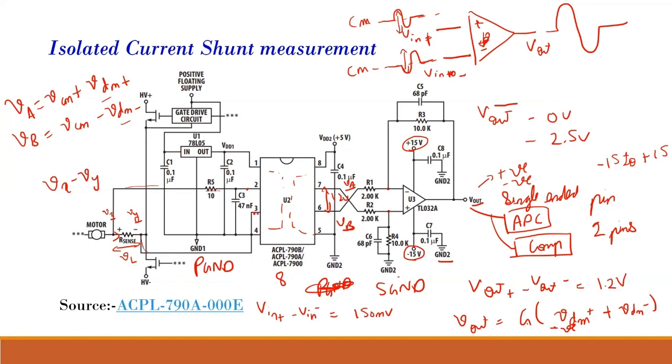So for the voltage to amplify at the output, these two should be of opposite sign, so that if you subtract it becomes positive. That's not always the case. Now over here, this is my 0 volt.